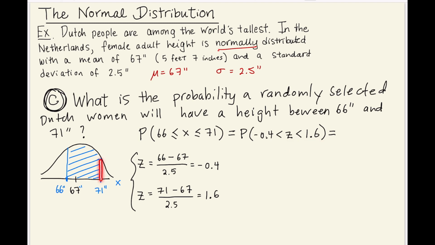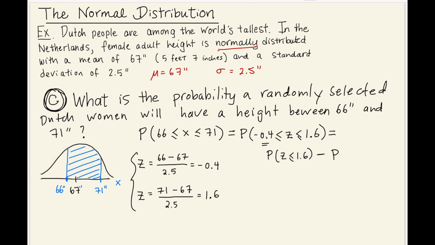So that represents this area. Okay, so that is going to be my first step. And then I'm going to calculate the area to the left of negative 0.4. So that is this area. And I'm going to subtract this area from the first area. And then that will give me this middle area.